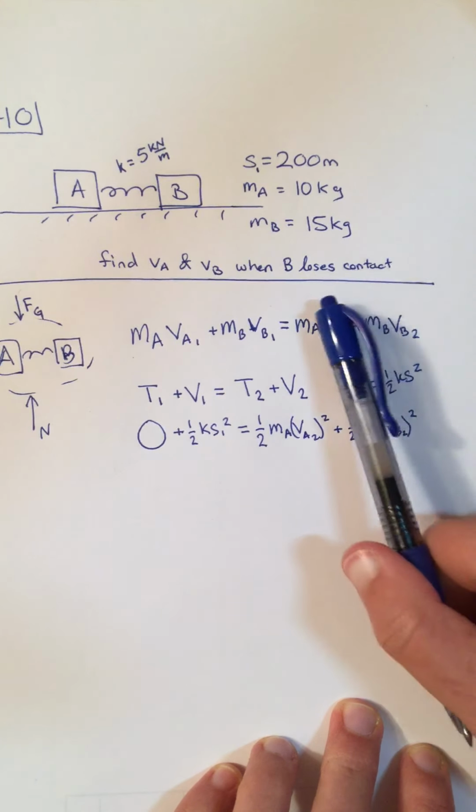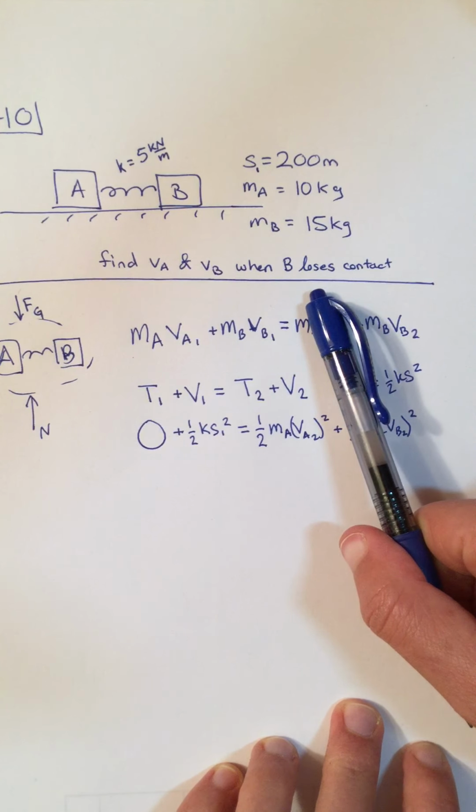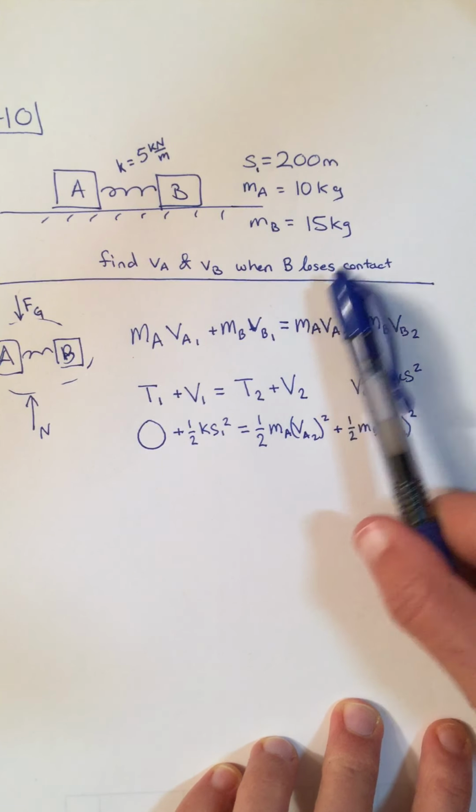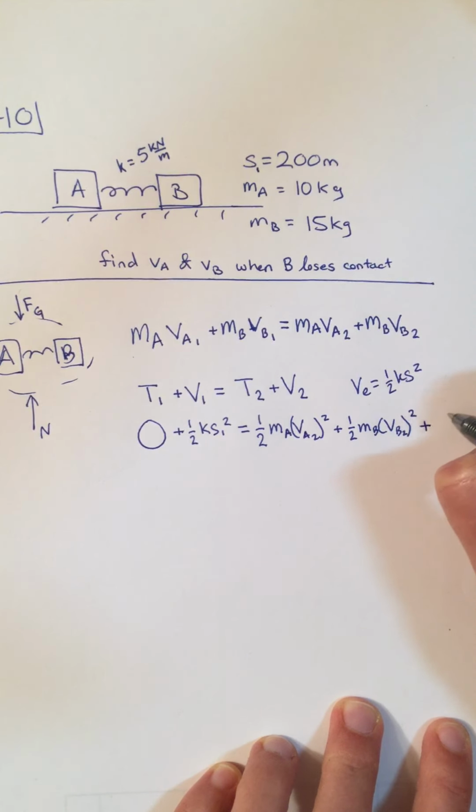But if we are looking for when block B loses contact with the spring, the spring would be unstretched at this point. So the final elastic potential energy is 0.